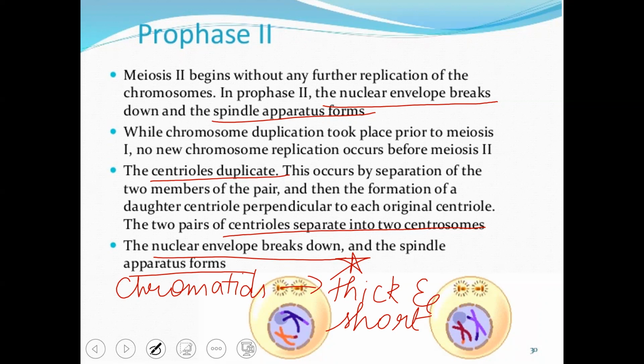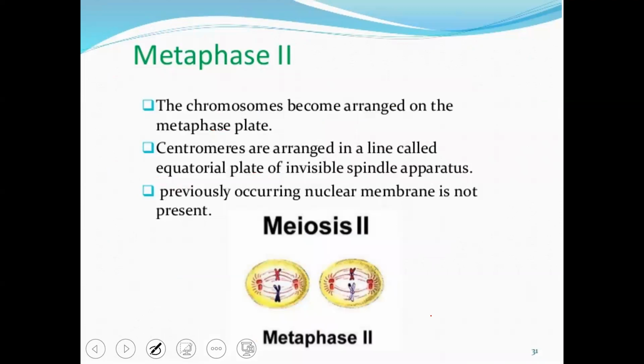Next, in metaphase 2, the chromosomes become arranged on the metaphase plate, just like the metaphase of mitosis or of meiosis 1. The metaphase plate is also called the equatorial plane.